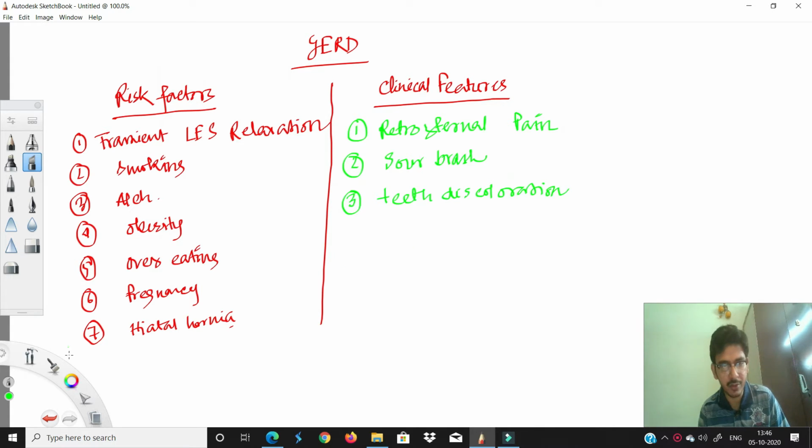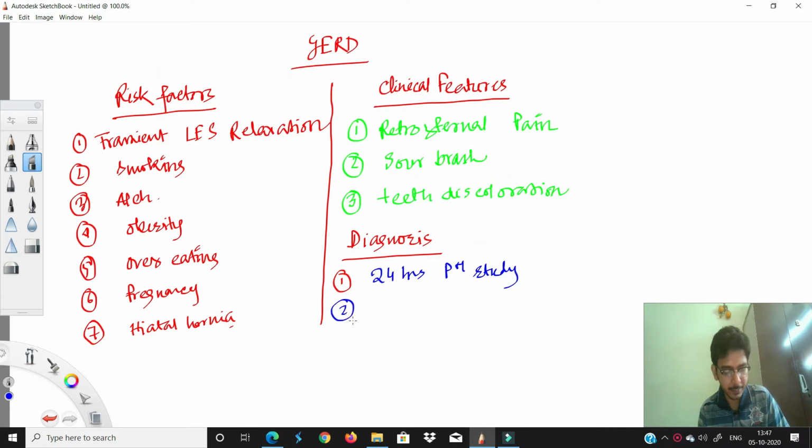Now the diagnostic procedure. First one is 24-hour pH study.